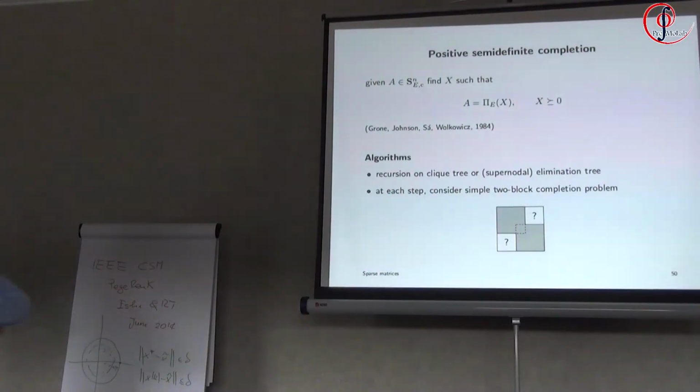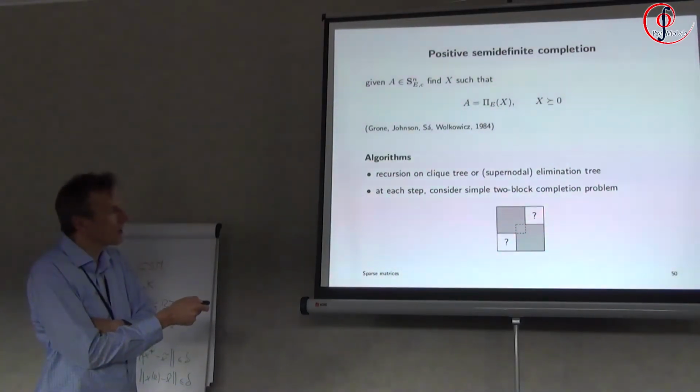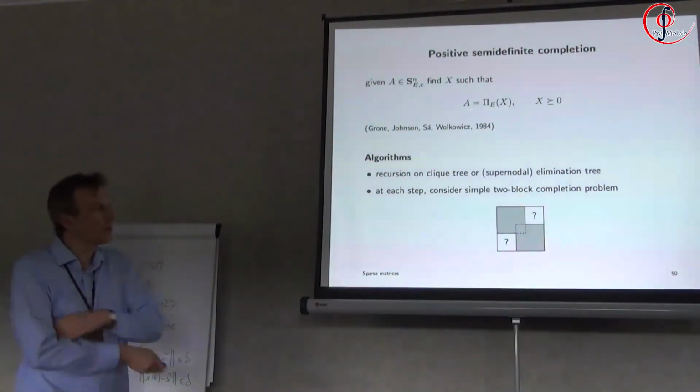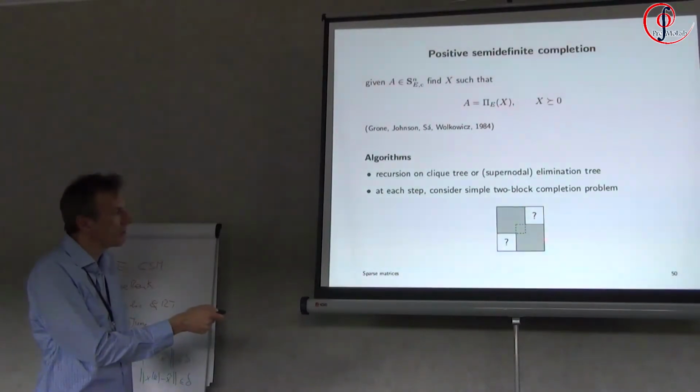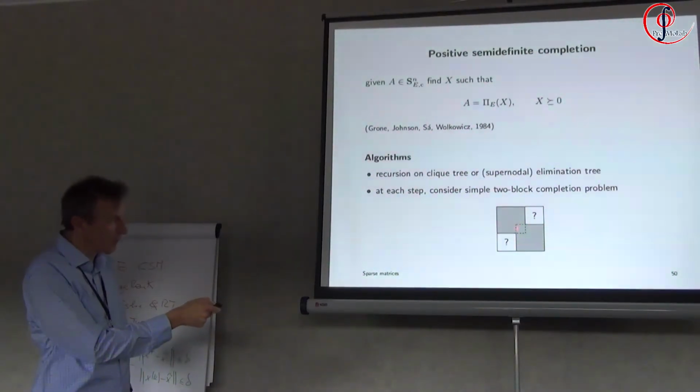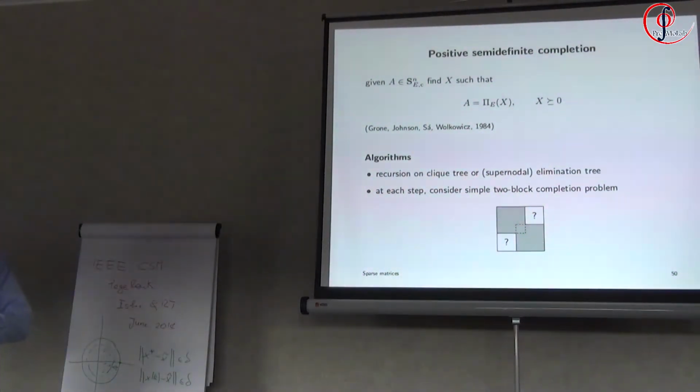We've just seen that for a chordal pattern, the sufficient condition for existence is just that these two blocks are positive semi-definite. And if that's true, it's not too difficult to find a solution for this completion problem. If these two blocks are positive semi-definite, then the 3-1 and 1-3 blocks can be computed from the rest of the matrix, or just feasible values can be computed.